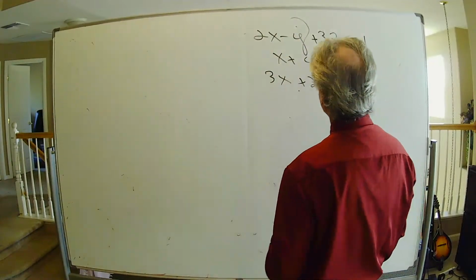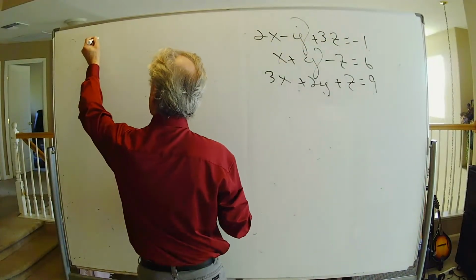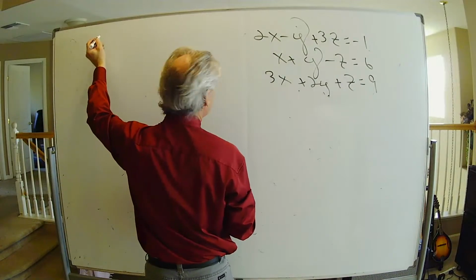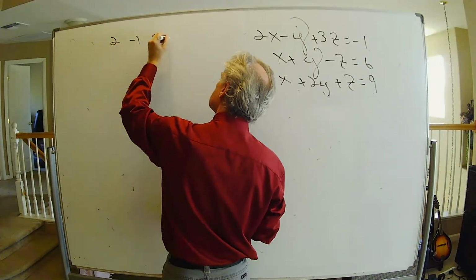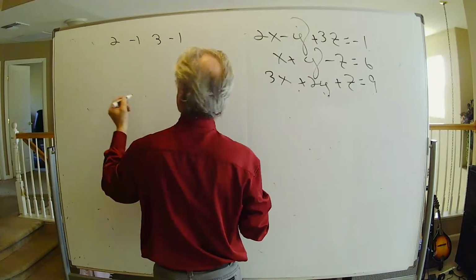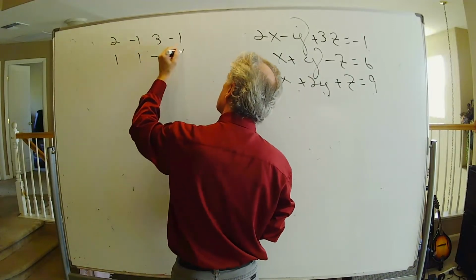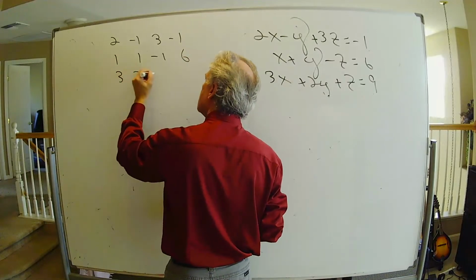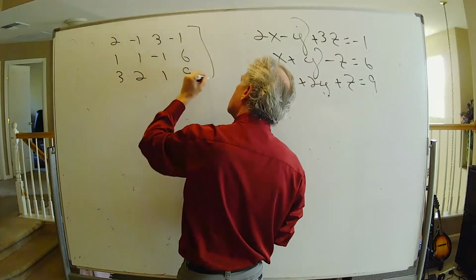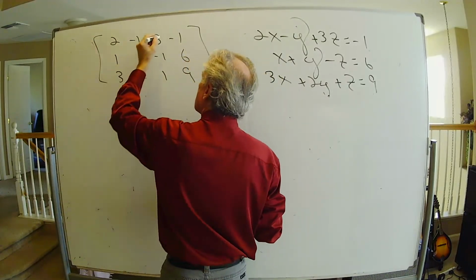So here I go. I'm going to rewrite my system as a single augmented matrix. So is that 2, -1, 3, -1? 1, 1, -1, 6. 3, 2, 1, 9. Now I need my board space.